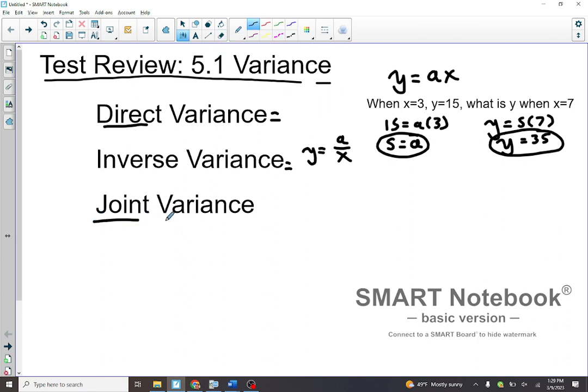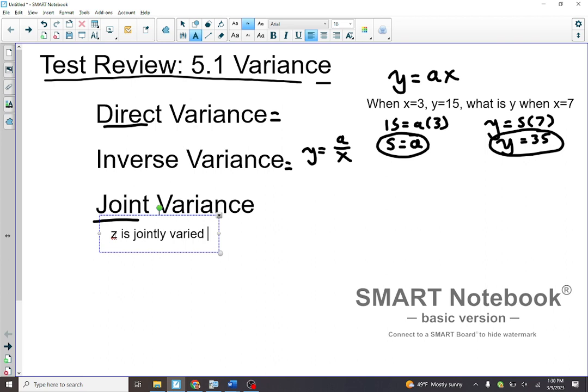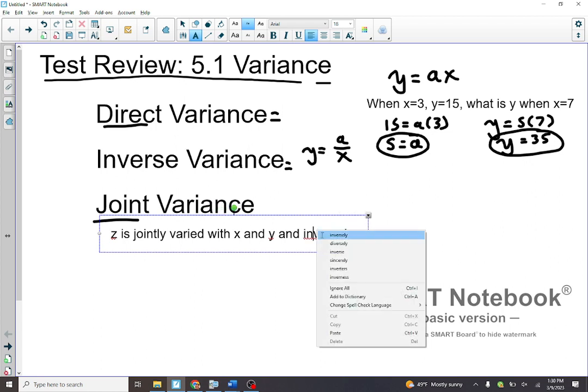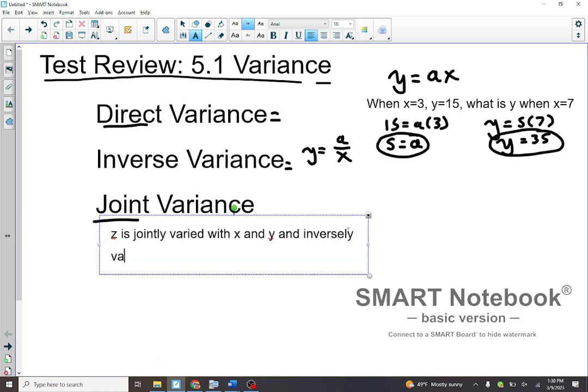Joint is used when you have multiple variables. So I can write in this case, z is jointly varied with x and y, and inversely varied with g.